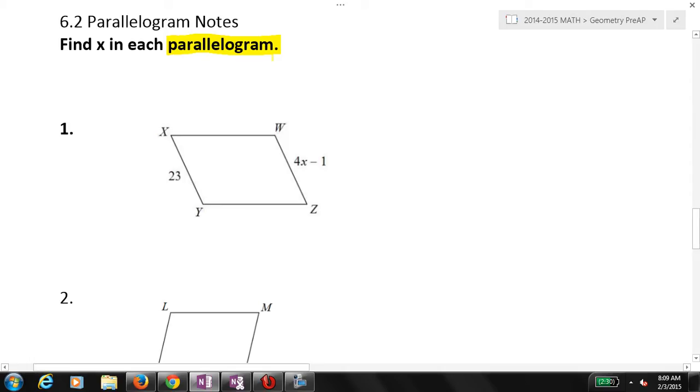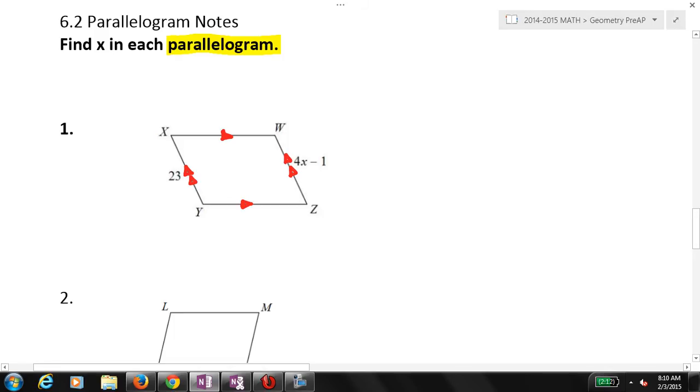Either they indicate it or they might put little arrows on these right here. So if I know this is a parallelogram, I know these are parallel, but that's it. It doesn't really help me know that those two are parallel, but I'm going to use them right now when I look at angles.